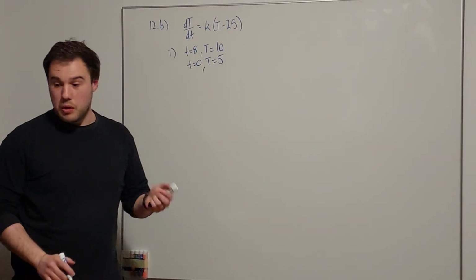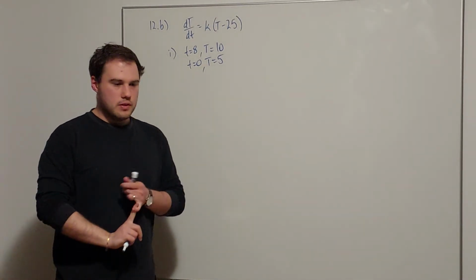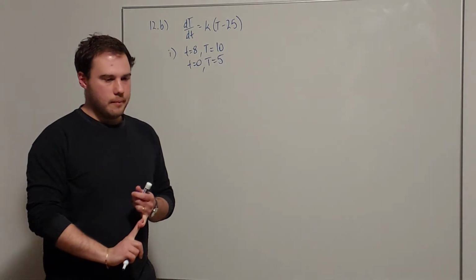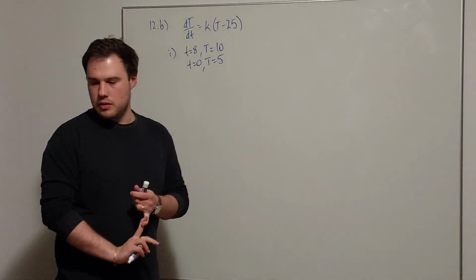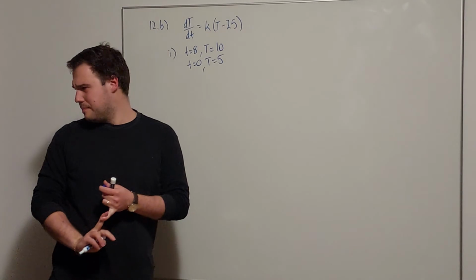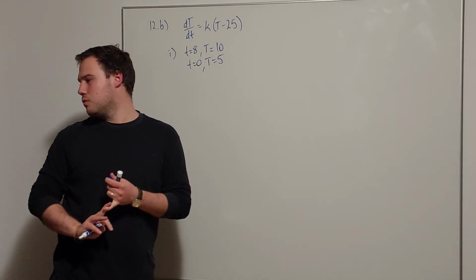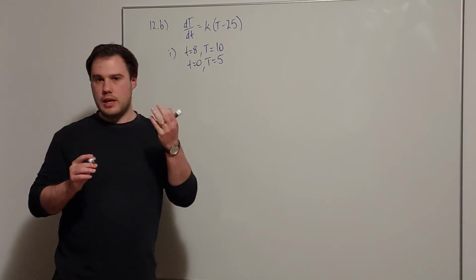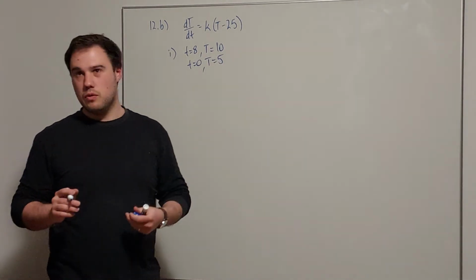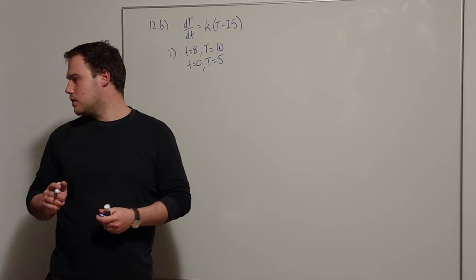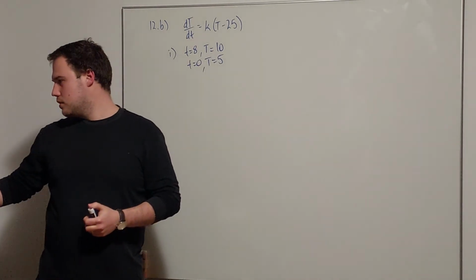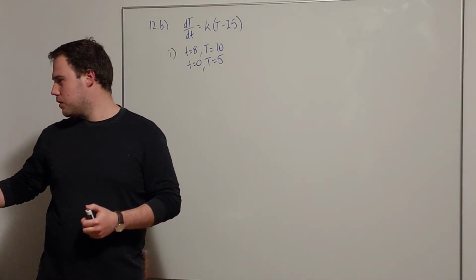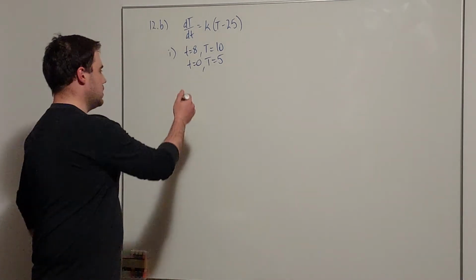So we'll end up using both of those conditions to find the constant that shows up when we integrate, and then also the growth constant k. And then once we've got that equation relating temperature to time, we're going to solve for time when the temperature is 20. So 3 marks, and I think we're going to have to do a fair bit of writing.